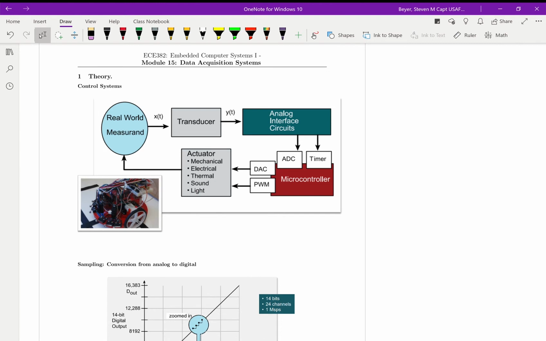So if we talk control systems in general, we have the real world, and we're going to have some kind of signal coming from that real world. For example, our distance sensors.